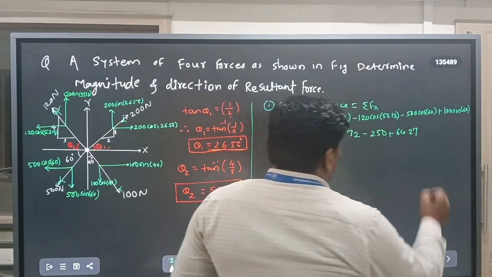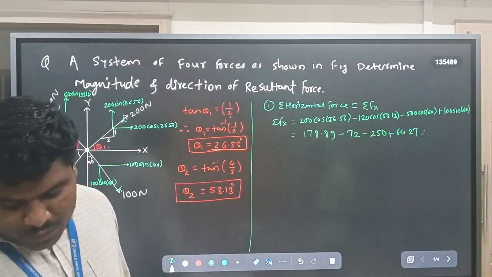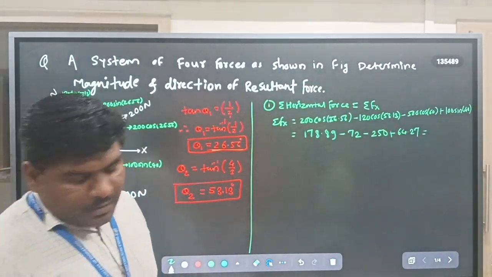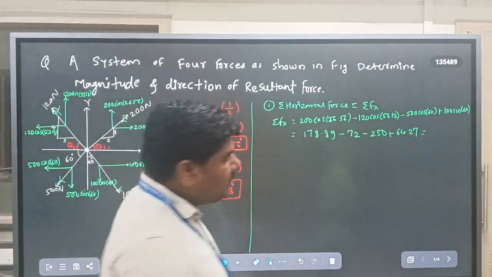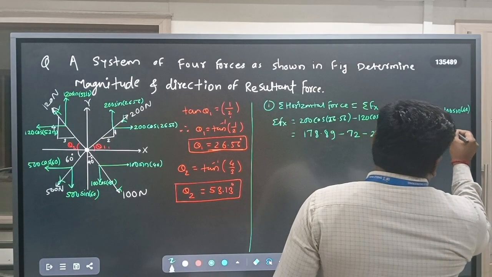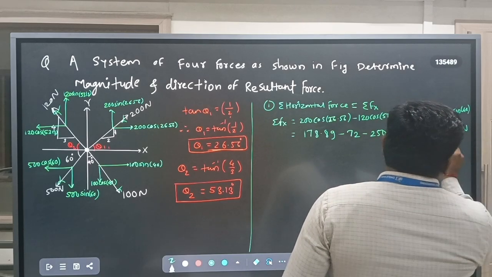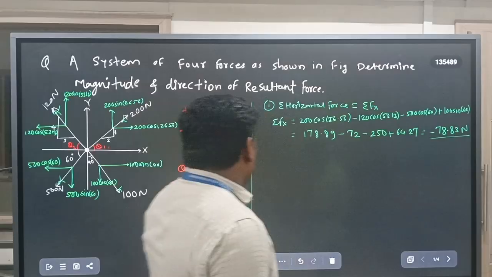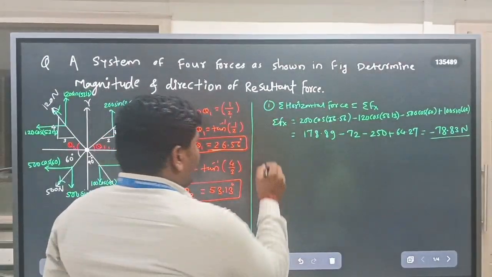Okay, that we have to make on calculator. Okay, check the calculations. The net horizontal component of resultant is minus 78.83 Newton. Okay, minus 78.83 Newton. This is the horizontal component of resultant force.